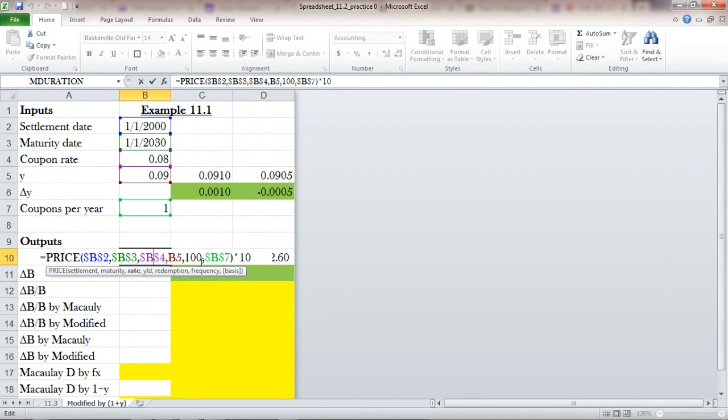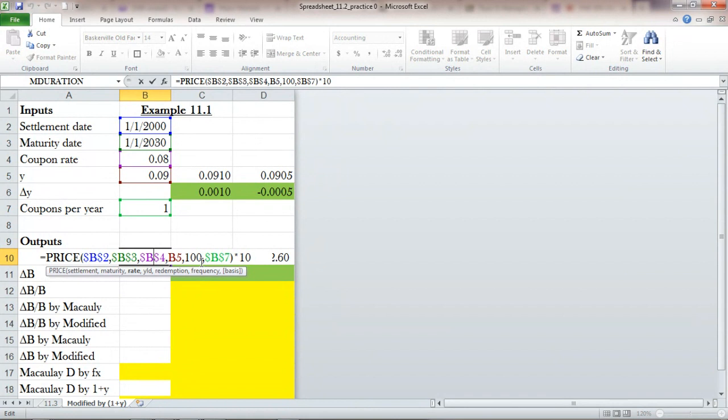And then redemption value. Redemption is the maturity value of the bond, and you have to use this formula: all the bond prices must be expressed as a percentage of the par value. So redemption value is 1,000, right?